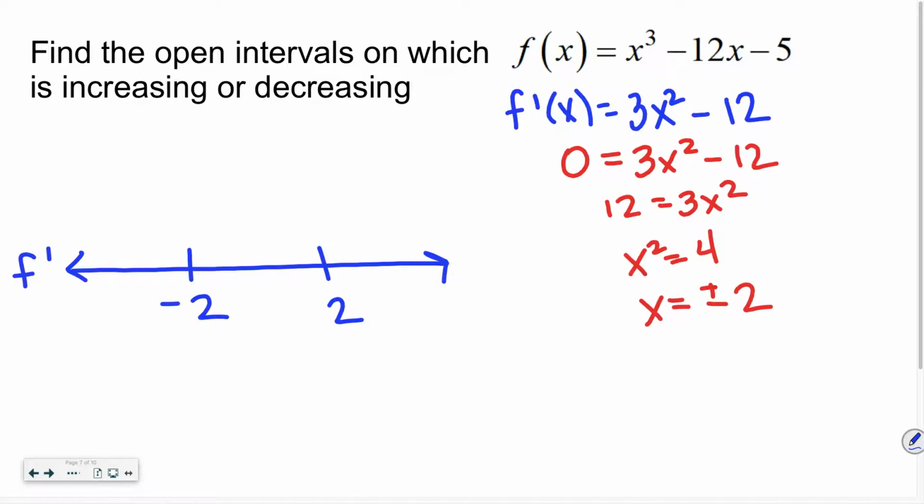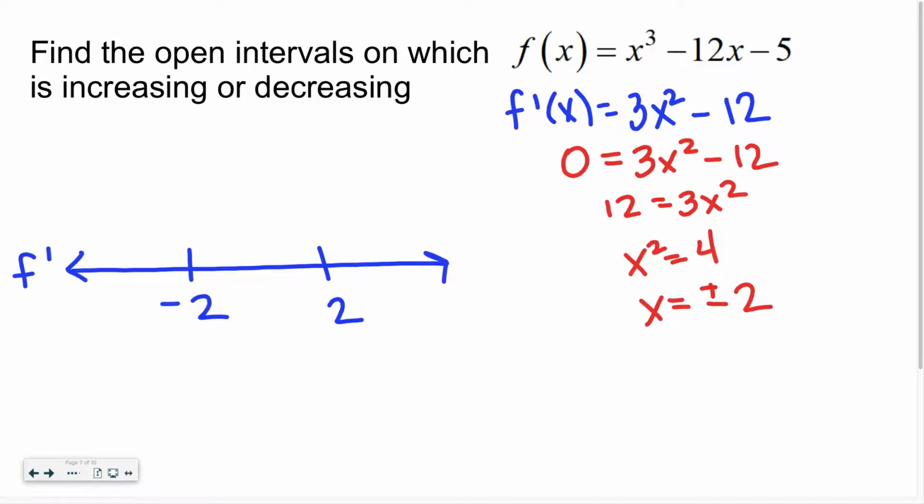At this point, we're just going to test our intervals. Where is our derivative positive? Where is our derivative negative? That's all we're doing. I've labeled our number line with derivative so we know that's where we're going. Yell out a number less than -2. -3.